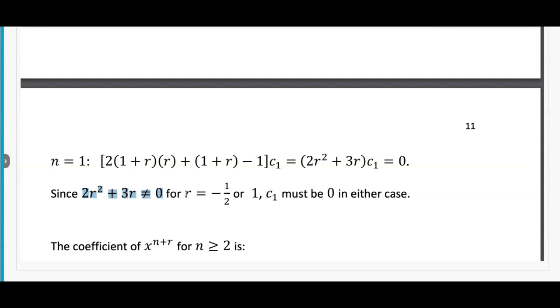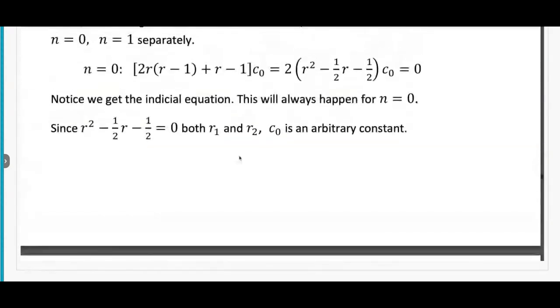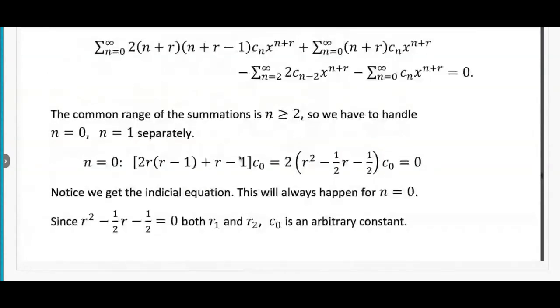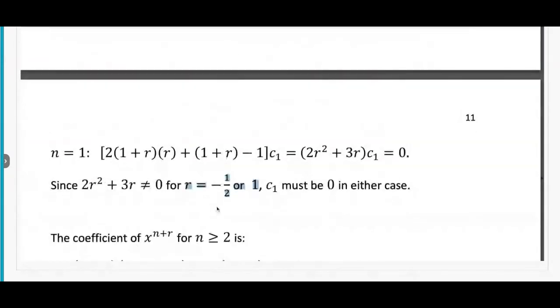So we solve for this factor r. So this one is not 0 for r equals negative half or 1, right? Because from the beginning part of it, r equals negative half or 1.